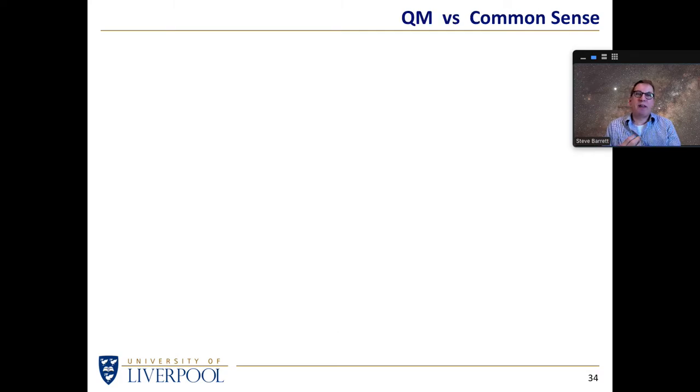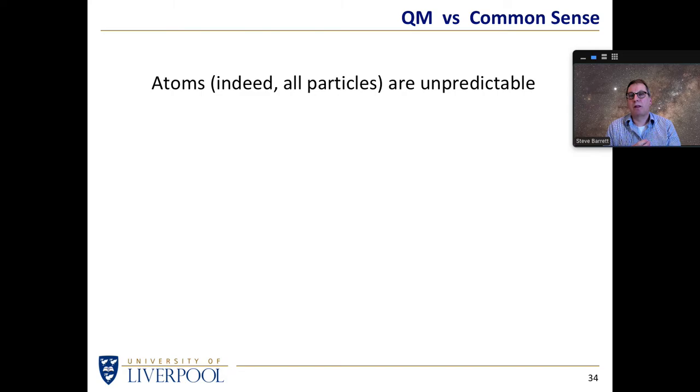And quantum mechanics often goes at odds with common sense. This is where people have a problem. For instance, the idea that atoms behave according to a set of rules that talk about probabilities, if you say it like that, doesn't sound too bad. But it means basically you can't say anything with any degree of certainty. The behavior of any particle is unpredictable.